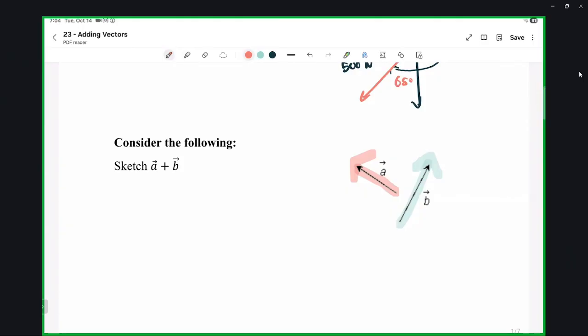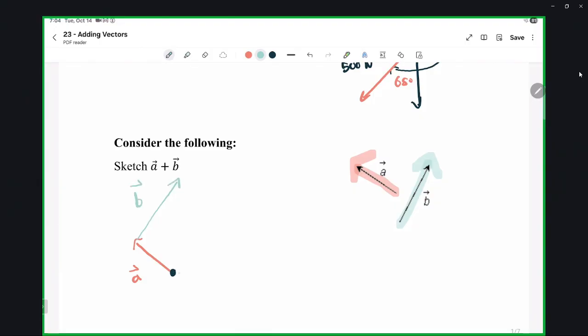Suppose we start with, say, vector A, like this. We seem to have some sort of initial starting point, and we move off towards the northwestern direction, and then vector B has us move towards the northeastern direction. So perhaps it might make sense to draw out our vectors as such.